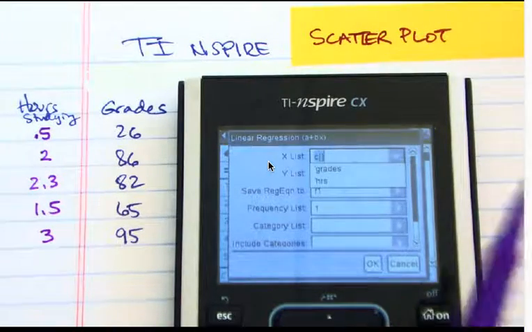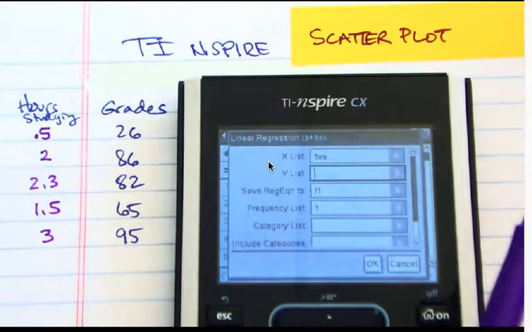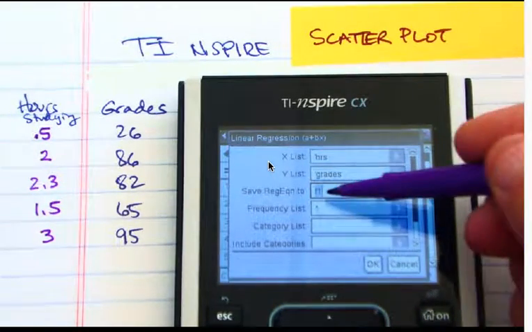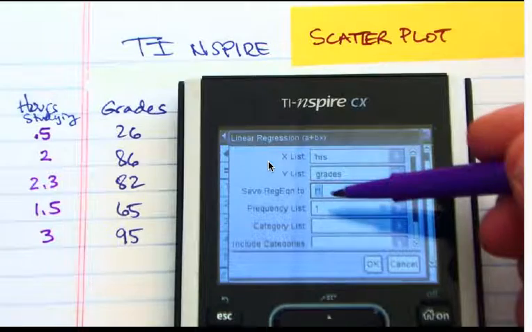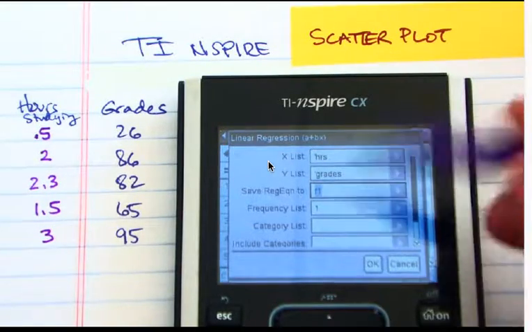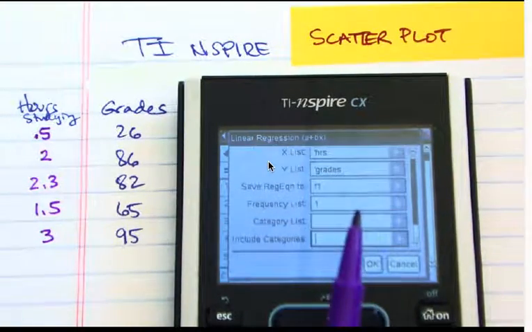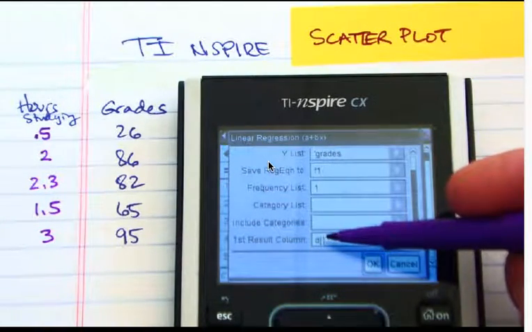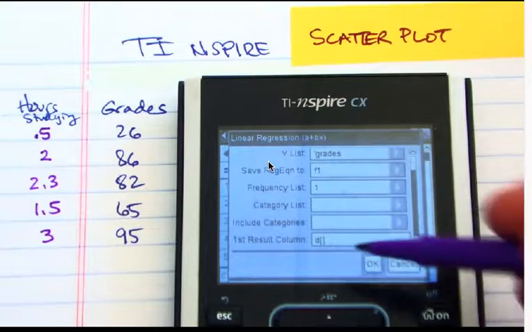We're going to have our X list as our hours studied, Y list is my grades. We're going to put the equation into F1. It's kind of important later, but that's the default, so we really don't have to worry about that. And we're going to put our results into the fourth column.